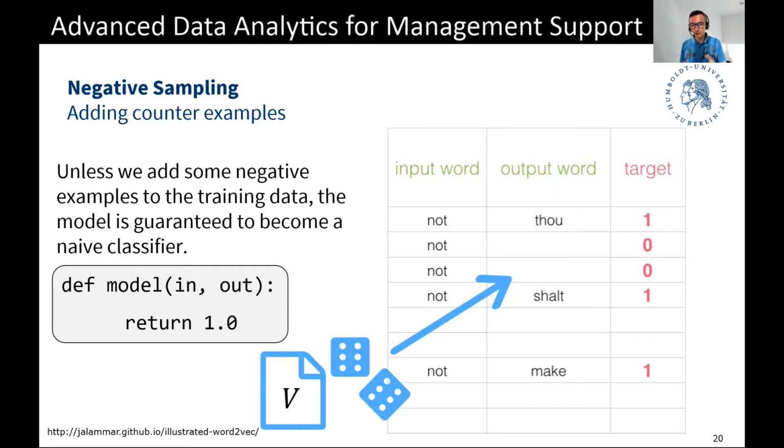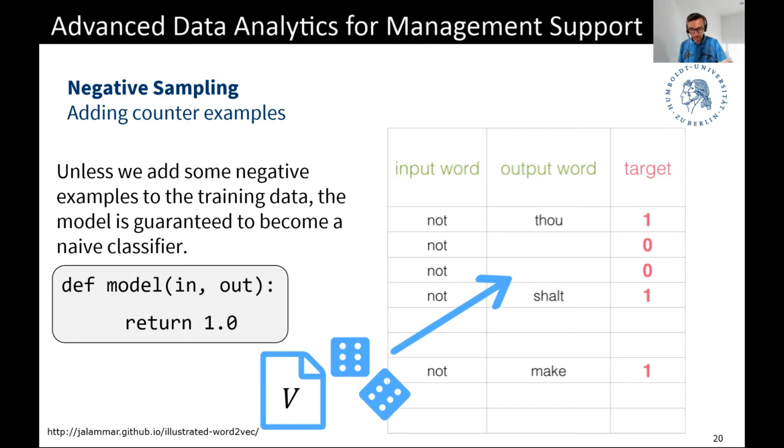We know that the word "thou" is in the context of the word "not" from our sentence. We know that the word "shalt" is in the context of the word "not," and we know that the word "make" is in the context of our input word "not." And so all the three class labels for these data points are 1, but we artificially sample some other words that we have not seen in the context of the input word "not," where the target label is 0.